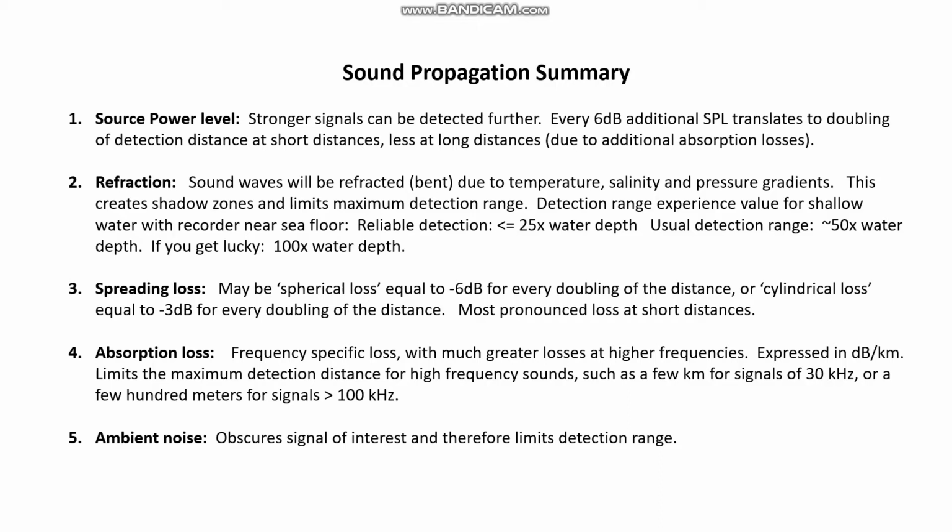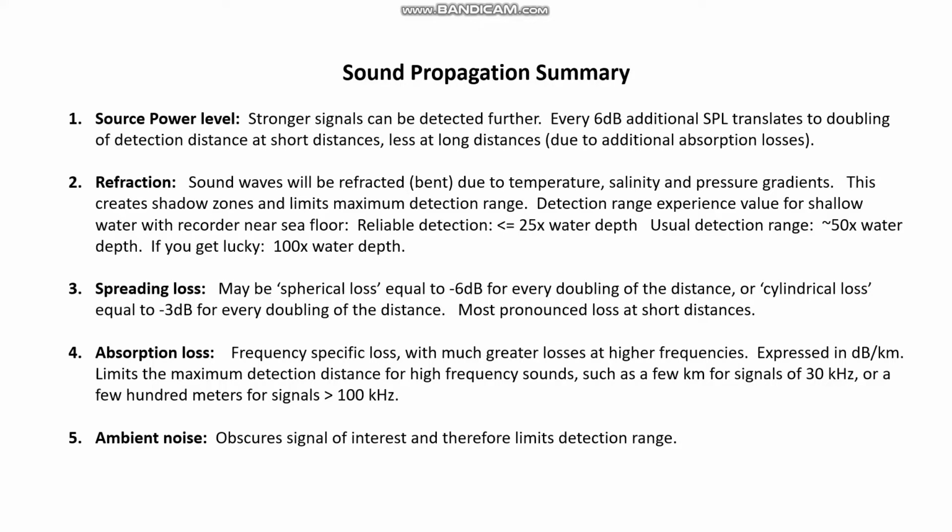Absorption losses are expressed in decibels per kilometer, therefore they become dominant at longer distances. These are frequency-specific losses, and higher frequencies absorb at a much greater rate. As a rule of thumb, if you have a signal of around 30 kilohertz, you might get a detection distance limited by absorption losses of a few kilometers.